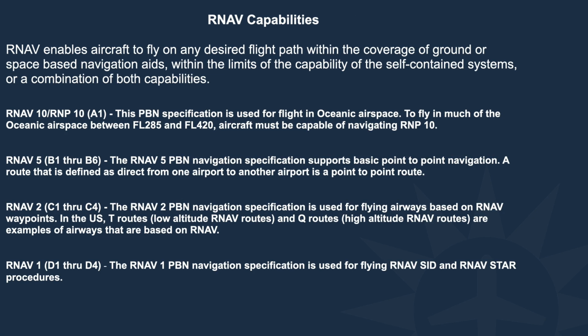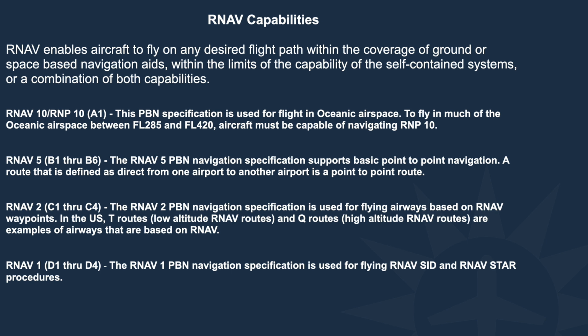Here are the RNAV capabilities that you can put in your PBN code strings. Now, RNAV enables the aircraft to fly in a desired flight path within the coverage of ground or space-based navigation aids. And RNAV is set up for a specific distance off of a desired flight path with a 95% accuracy.